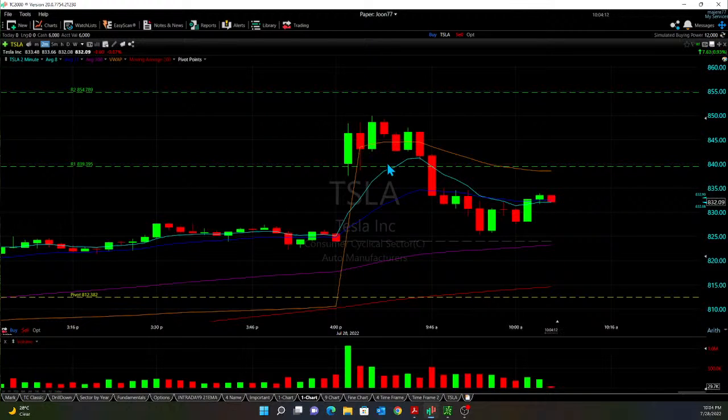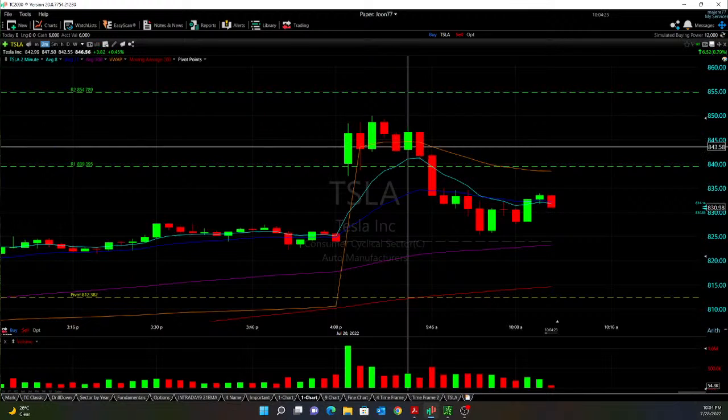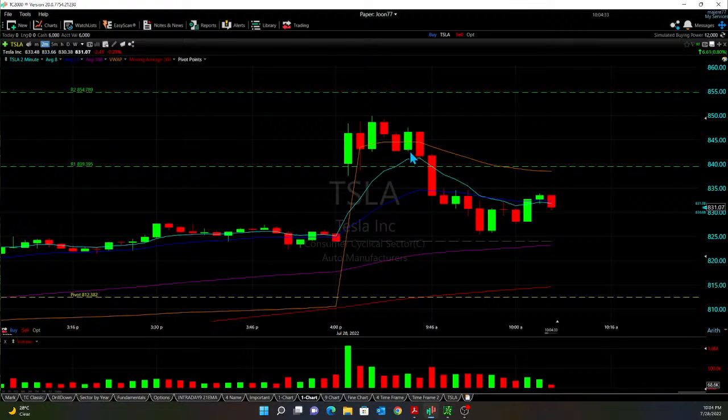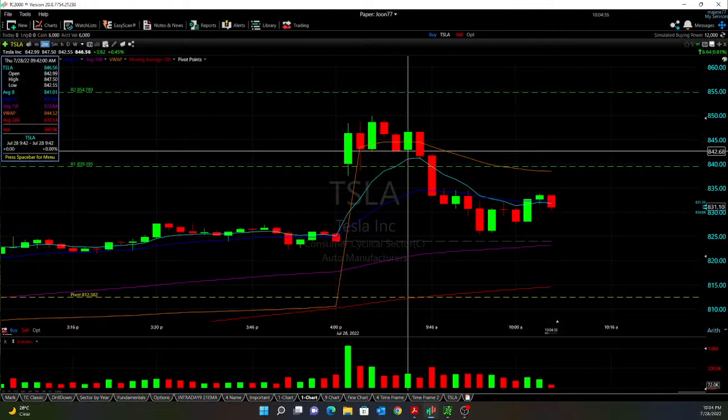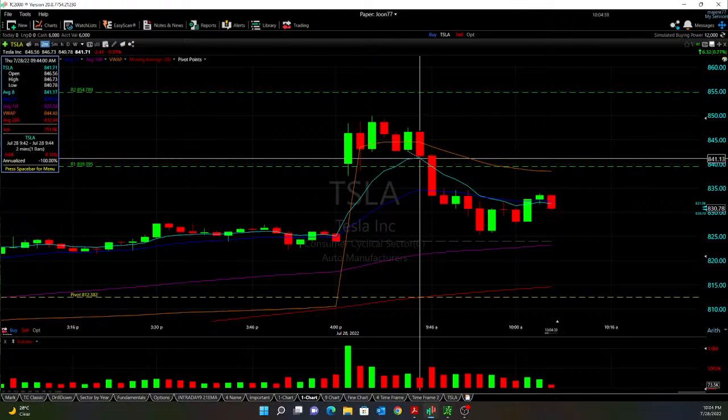That is when you enter. So obviously at this point, when you do a put, which is below the VWAP, you need a green bar to be overtaken by a red bar, which is the opposite of a call. So we do have a green bar here with a low point of $842.55. Immediately once it passes, we will purchase it immediately.